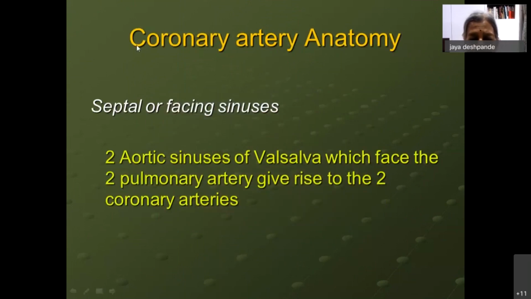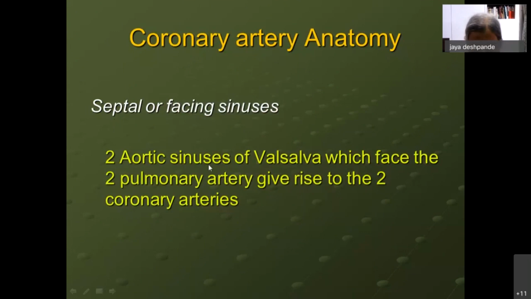The other important part of transposition is the coronary artery anatomy. Now, usually you have two aortic sinuses of Valsalva, which are the coronary ostia, which face two pulmonary arteries, and these give rise to the two coronary arteries. So, two aortic sinuses facing two pulmonary artery sinuses.